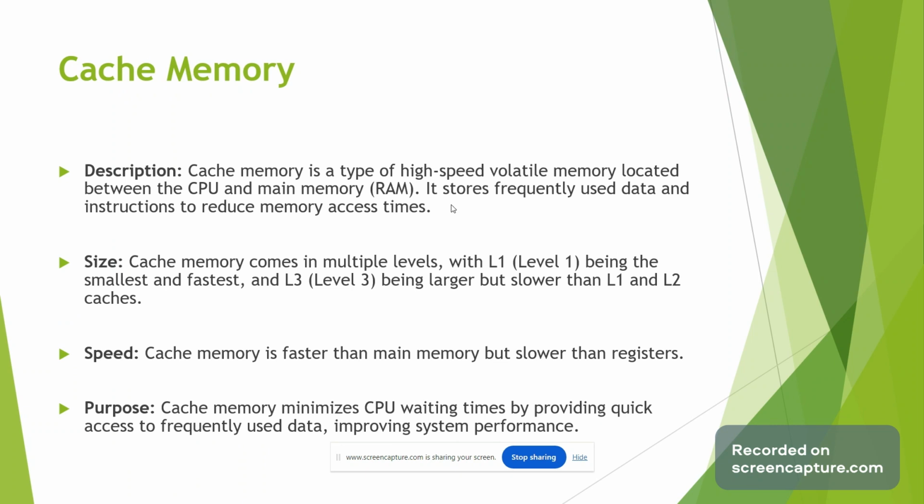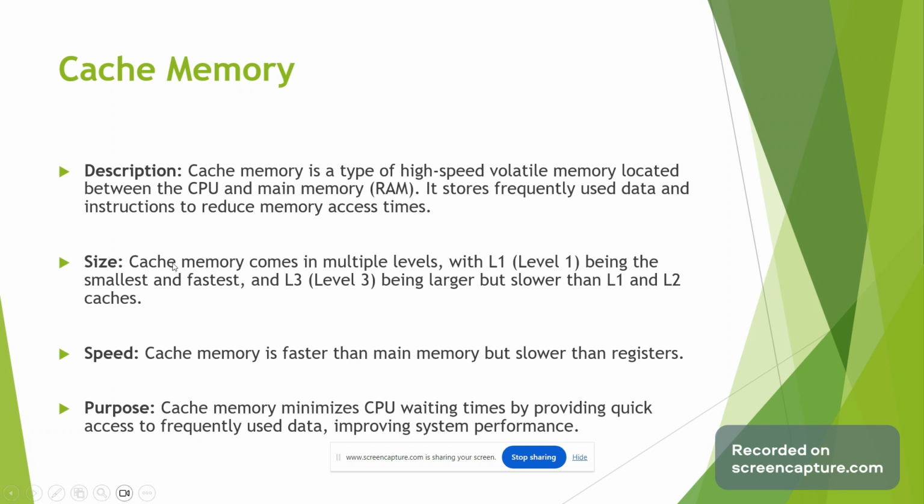So the cache memory is right between them, and it actually looks after the most recently used data, and it directly connects to the CPU, so it doesn't have to go to the RAM, and it still gives a faster speed than going to the RAM. It usually stores the data that you have frequently used and reduces the memory access time.